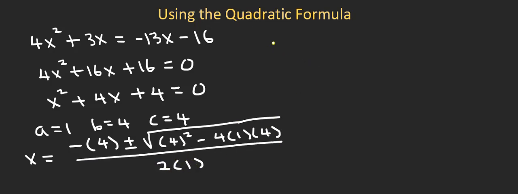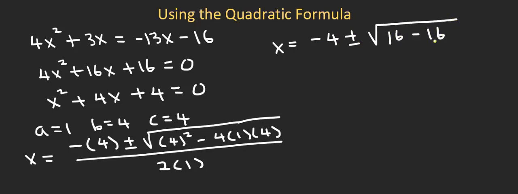So what do we get? x equals negative 4 plus or minus the square root of 16 minus 16, all over 2.